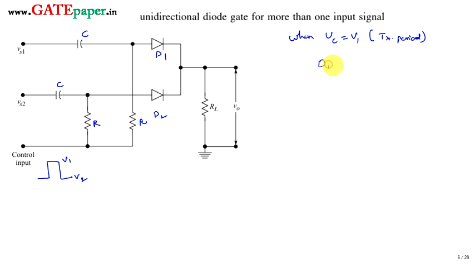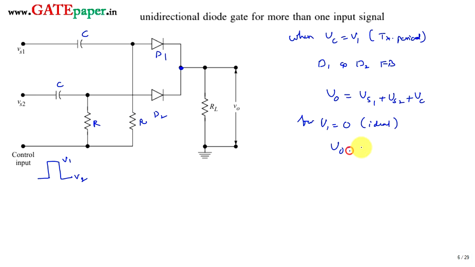By that time diode 1 and diode 2 are both forward biased. Now V0 is the effective voltage at this point, which is affected by Vs1 as well as Vs2. So V0 is equal to Vs1 plus Vs2 plus V1 for the ideal case. Let V1 be equal to 0, that is the ideal value.